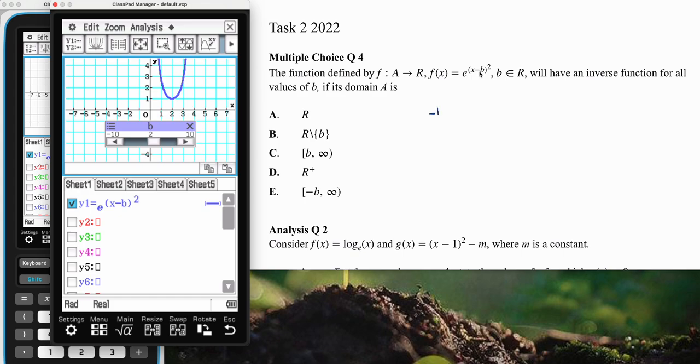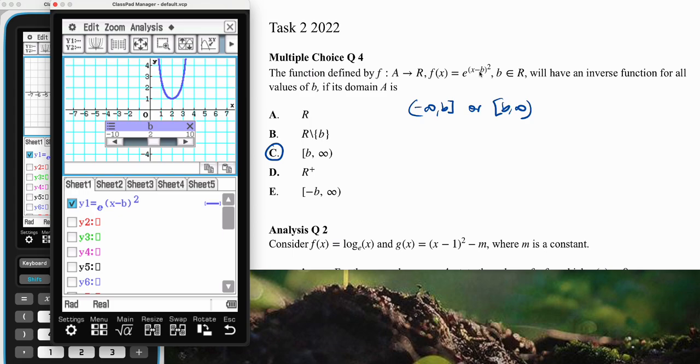So my possible solutions are, let me write that again, negative infinity to b, or b to infinity. And I haven't looked at the distractors yet because I won't be distracted. Now I'll look, and I can see that C is the answer. What's the trick? Sketch a graph. In this case, I've used the slider.